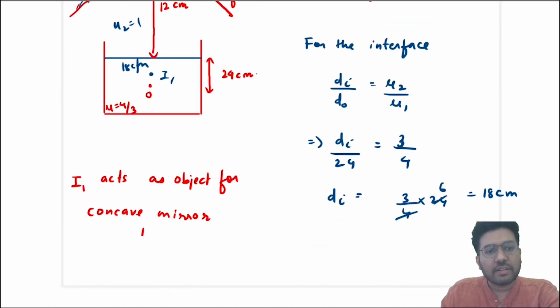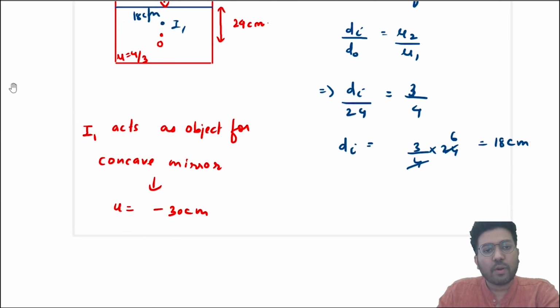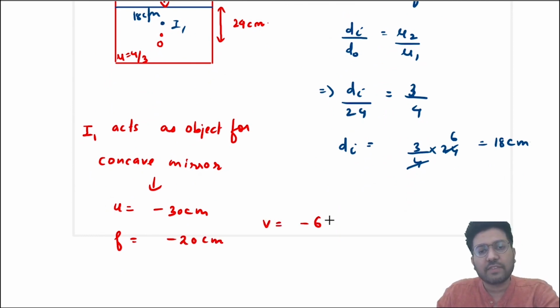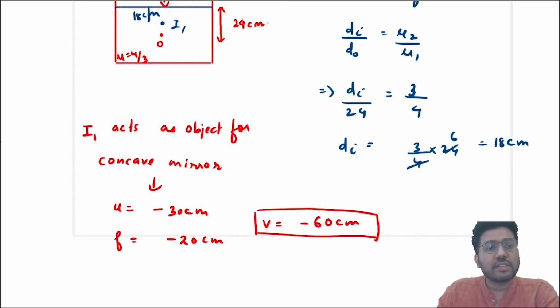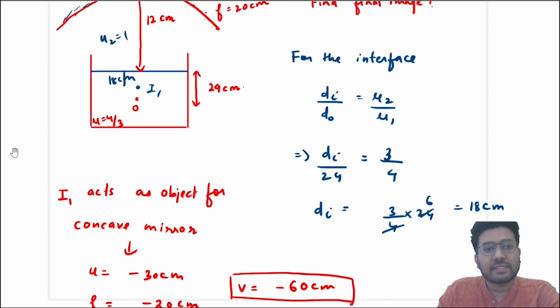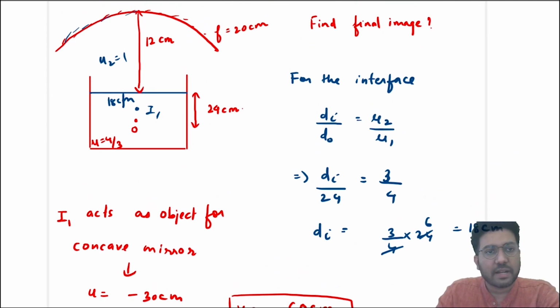For the concave mirror I will write u is equal to minus 30 centimeter. Why minus? Because the object is in front. Then the focus is 20 centimeter, so I will write f is equal to minus 20 because it is a concave mirror. When you solve this, you will get v is equal to minus 60 centimeter. So the image is formed at a distance of minus 60 centimeter from the concave mirror, right?